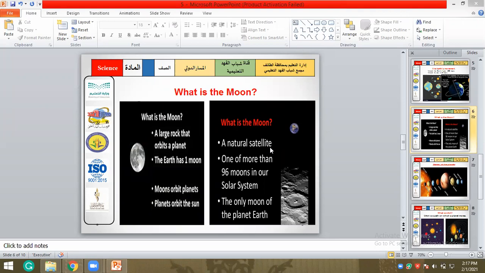Satellite, one of more than 96 moons in our solar system. The only moon of the planet Earth. Planet Earth, not plant. Planet Earth.